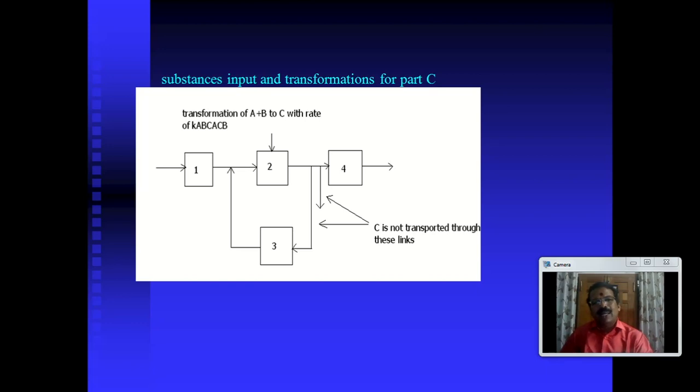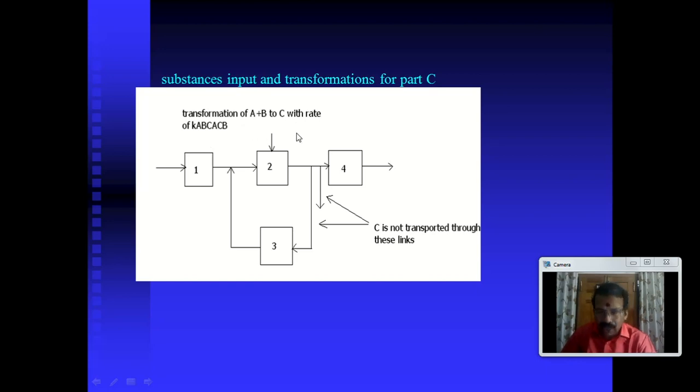Each and every chemical reaction can be expressed in the form of a reaction kinetic relationship. So in this reaction, A and B combine to form C with a rate constant. The rate of a reaction is directly proportional to the product of their active masses.